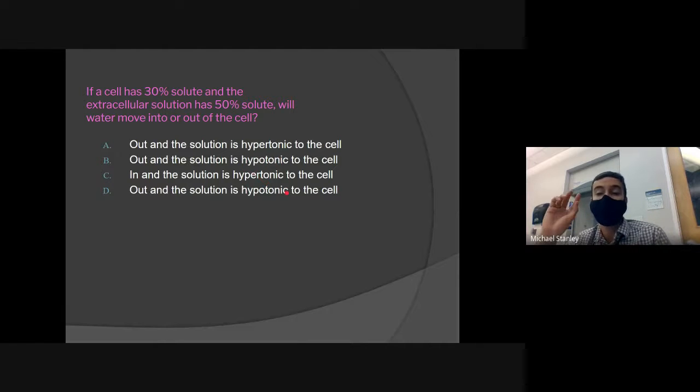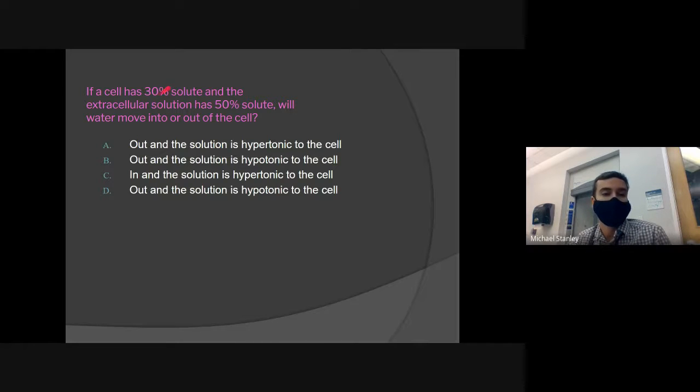All right, so out is correct. So if a cell has 30% solute, that means that the cell is 70% water. And then if outside the cell is 50% solute, that means that it is 50% water.